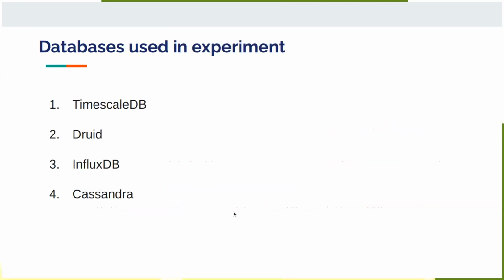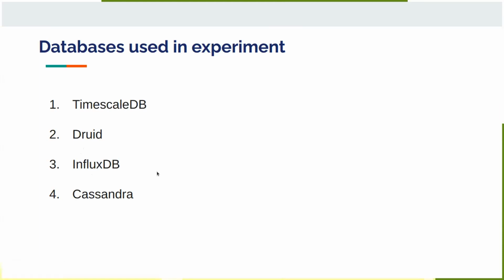In my experiment, I have used these four databases. The first one is TimescaleDB. It is a time series database which is totally based on PostgreSQL, so it has all the features of Postgres. The second one is Druid. It is also an open source time series database.